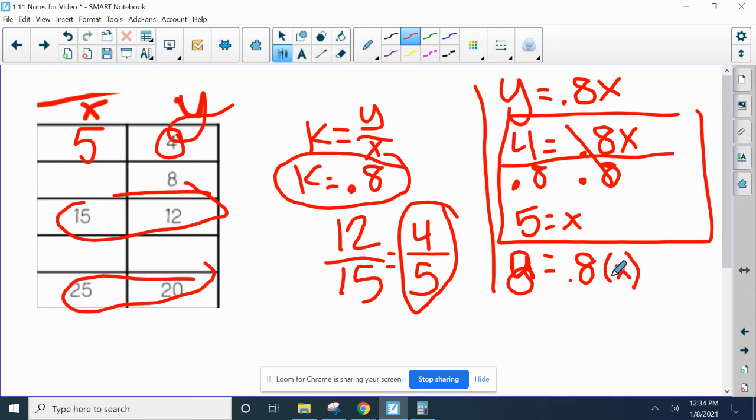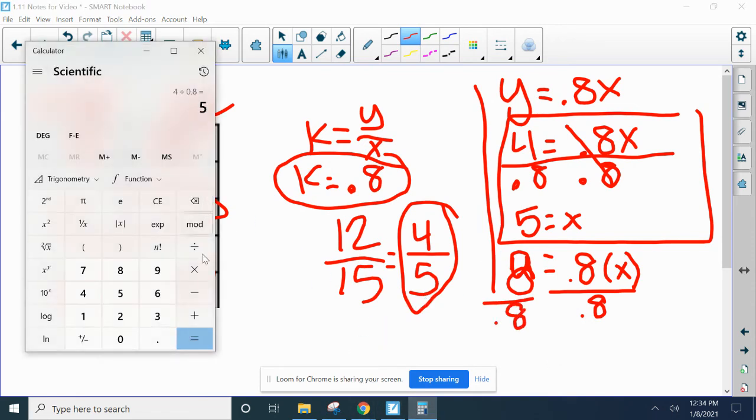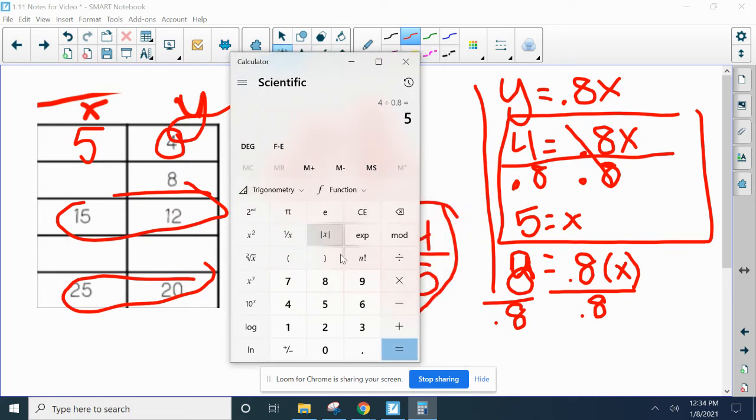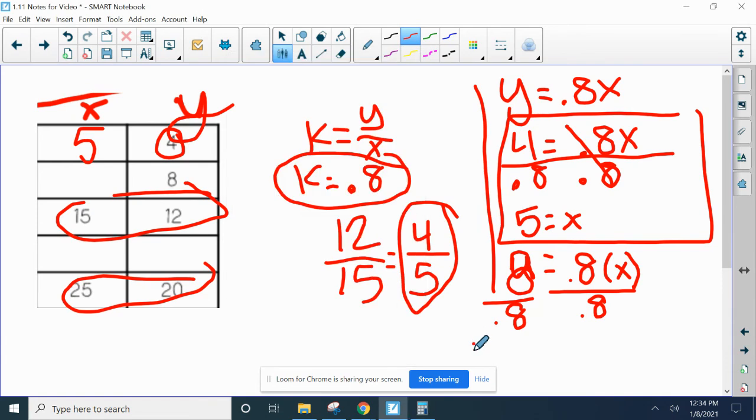So 8 equals, we're going to divide by 0.8 again. So now we have 8 divided by 0.8, and we know 8 divided by 8 is 1. So it's going to be 10.